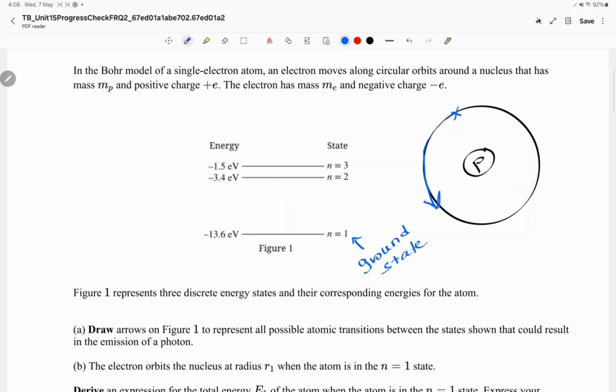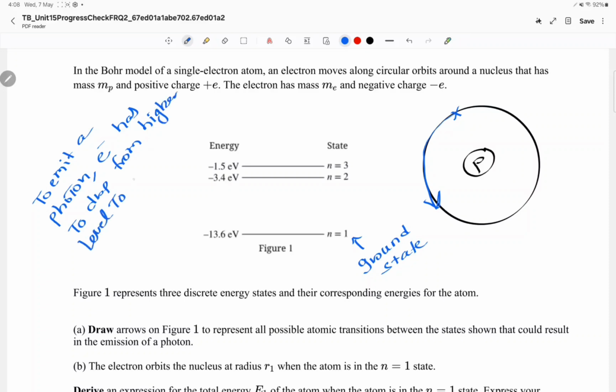Okay, now A: draw arrows on figure 1 to represent all the possible atomic transitions between the states shown that could result in the emission of a photon. To emit a photon, the electron has to drop from a higher level to a lower level.